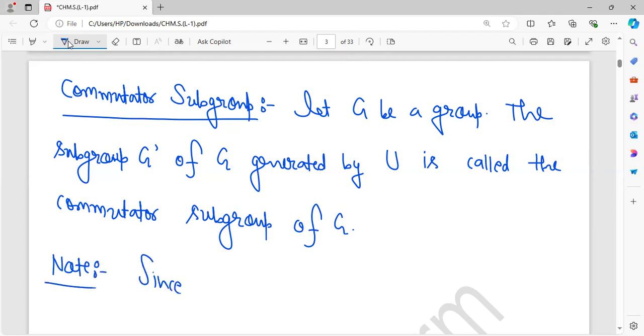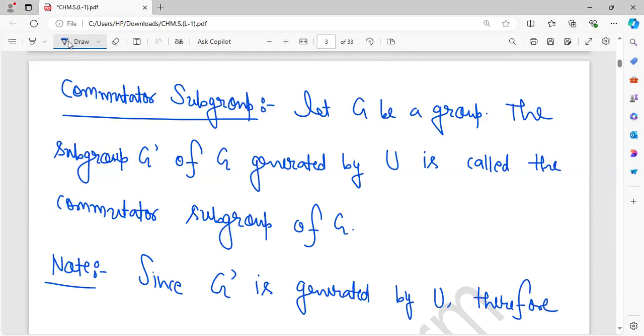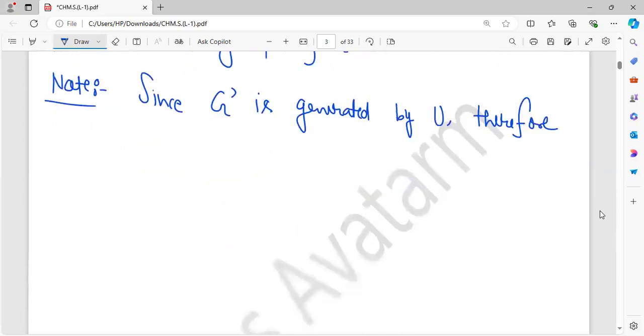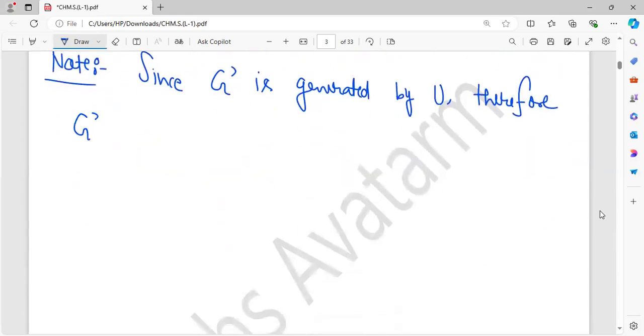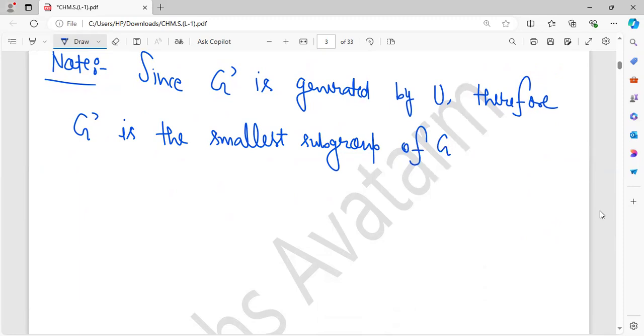Okay. So note that since G dash is generated by U, therefore G dash is the smallest subgroup of G containing U. If you take a subgroup generated by some set, then the subgroup obtained is the smallest subgroup containing that set.